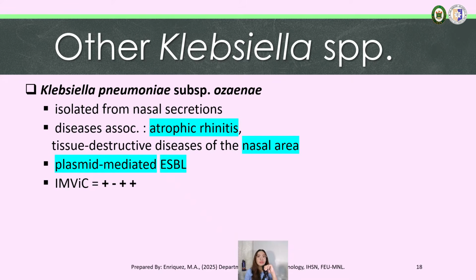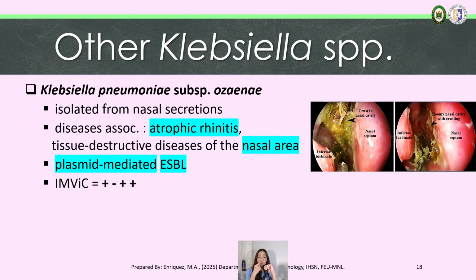So this organism causes atrophic rhinitis, which is characterized by the formation of thick, dry crust on the nasal cavity, which has resulted from the progressive wasting away or decrease in size, termed as atrophy, of the mucous nasal lining. Okay, so in general, Klebsiella pneumoniae subspecies ozonae has been linked to tissue destructive diseases restricted to the nose.